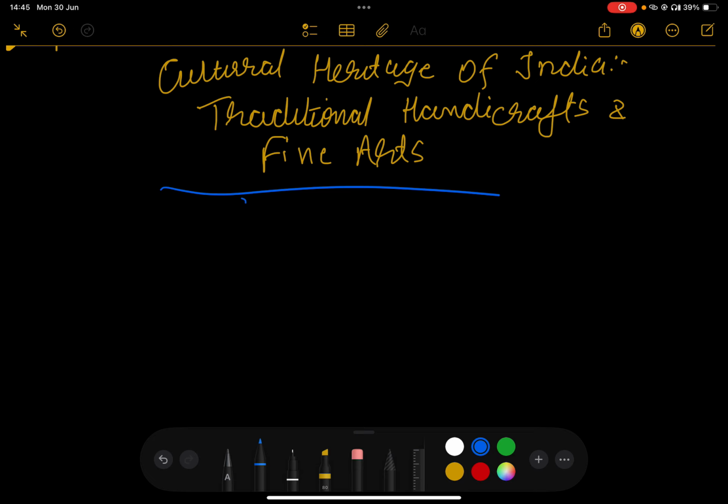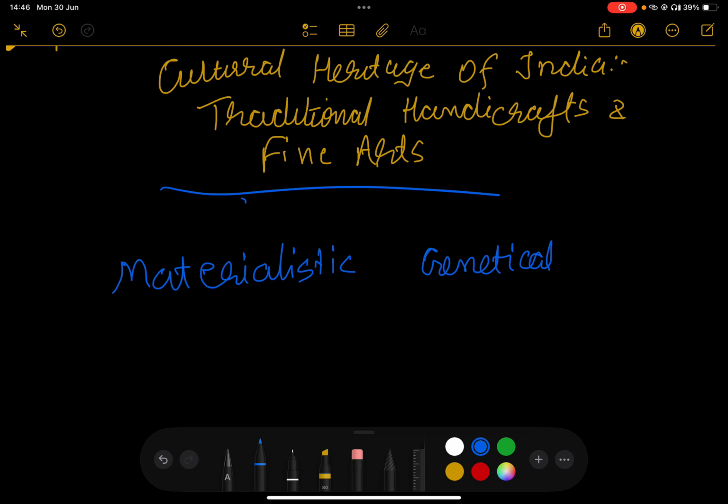India is a country of rich cultural heritage. It includes material and genetic heritage. There are mainly two types of heritage: material and genetic.